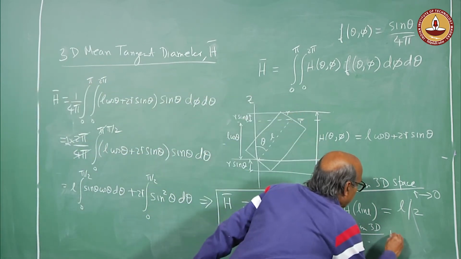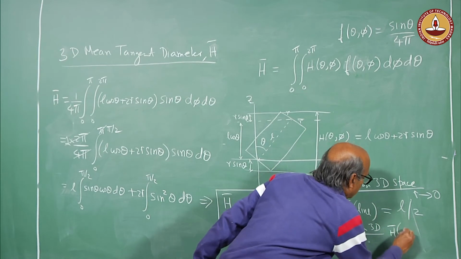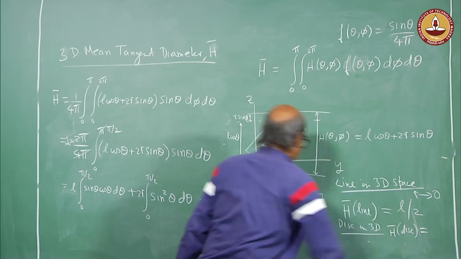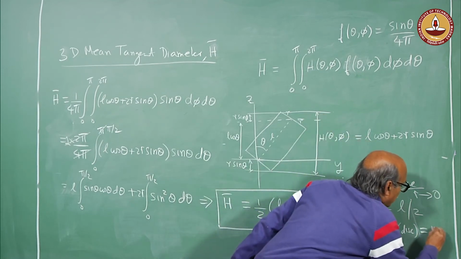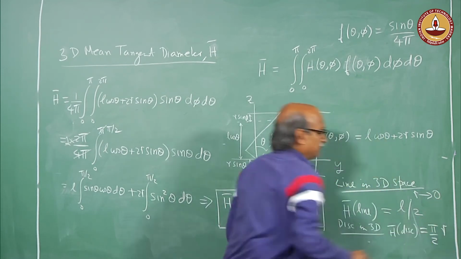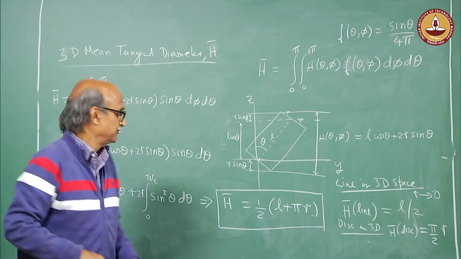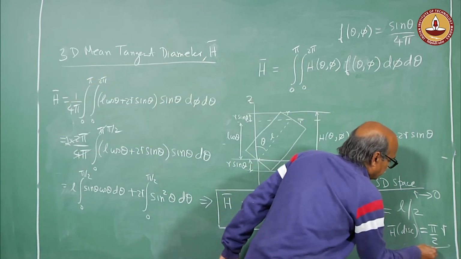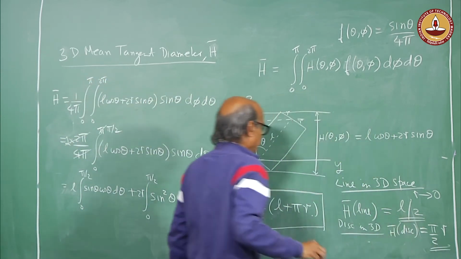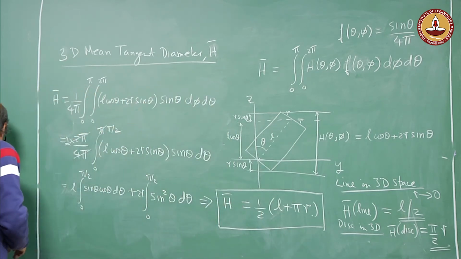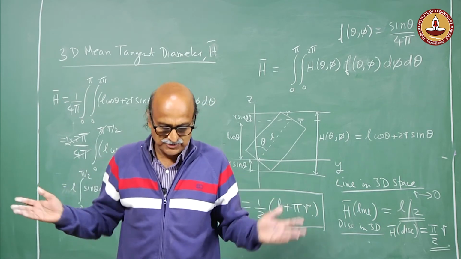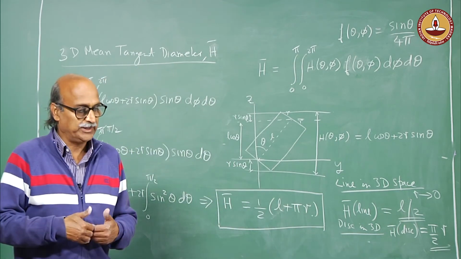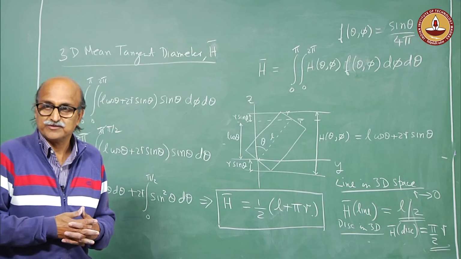The mean tangent diameter for a disk is simply pi by 2 times its radius. In this way, the mean tangent diameters of various other objects have also been derived.